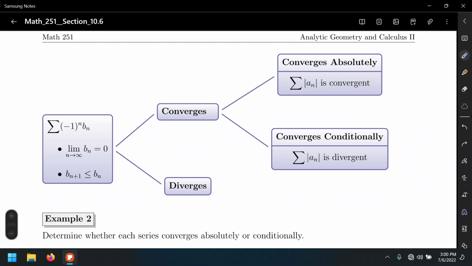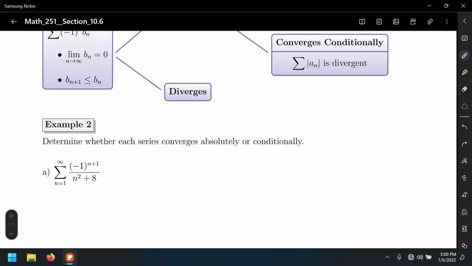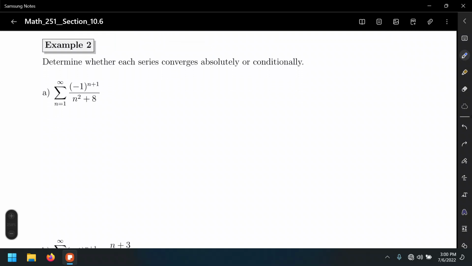So let's have a look at one example to determine whether the series converges or diverges, but absolutely this time. By the way, for this kind of problem, we are going to use more than one test in one whole problem, but overall, the alternating series test.